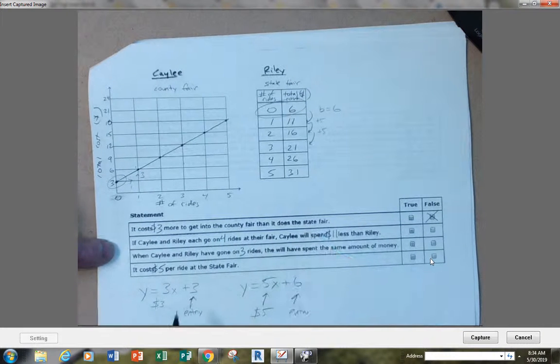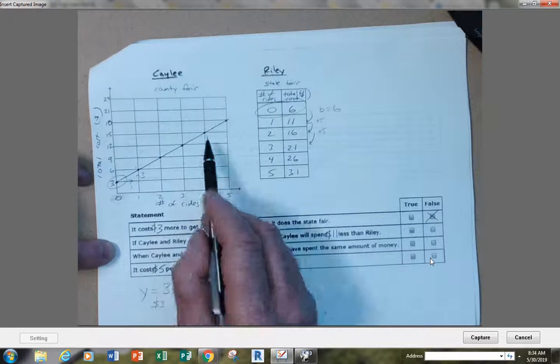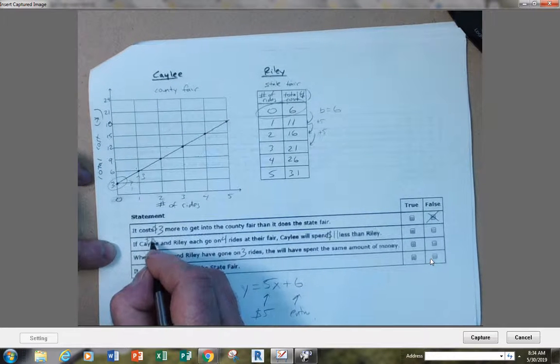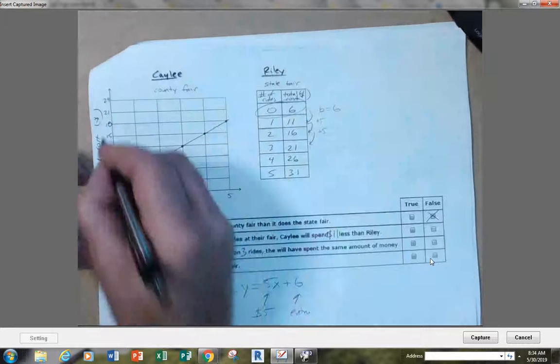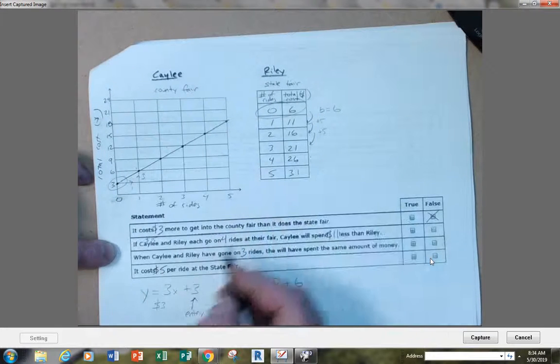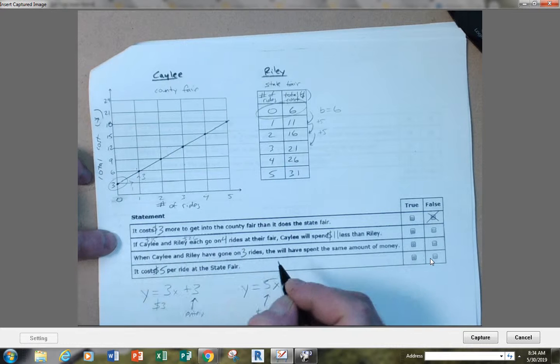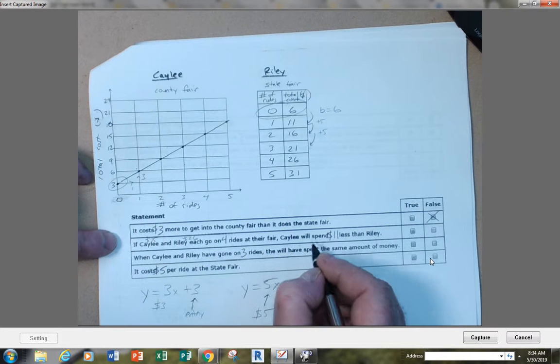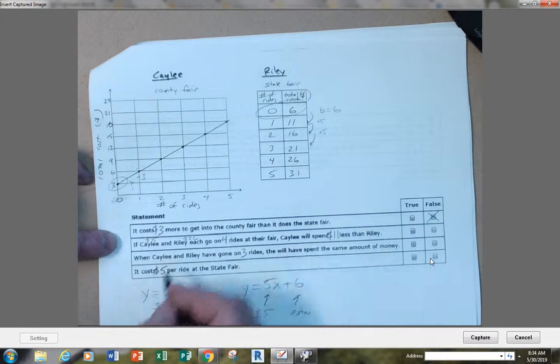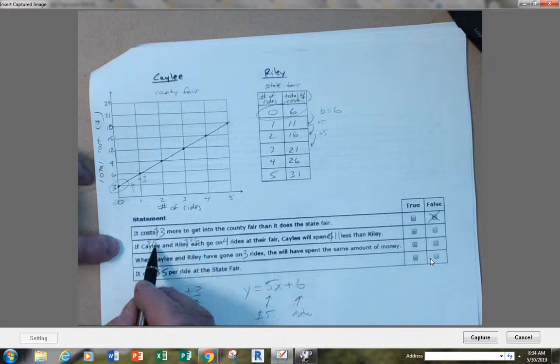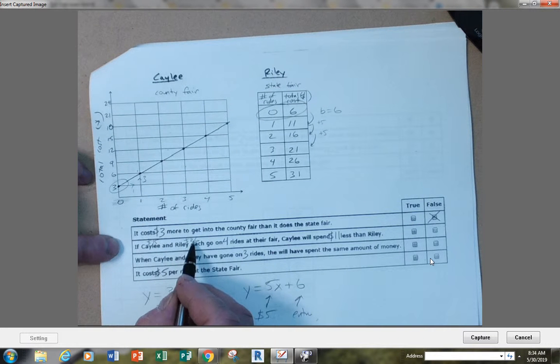All right, next. 4 rides. Kaylee, $15. Riley, 4 rides, $26. Kaylee spent $11 less than Riley, and you can see, yes, if I added 11 to this, it would give me 26.